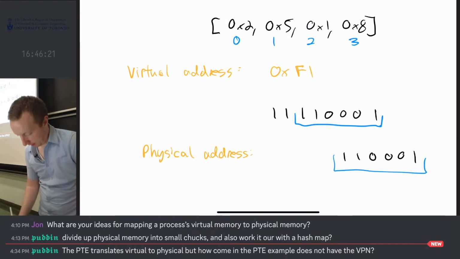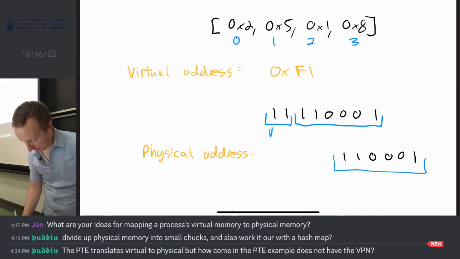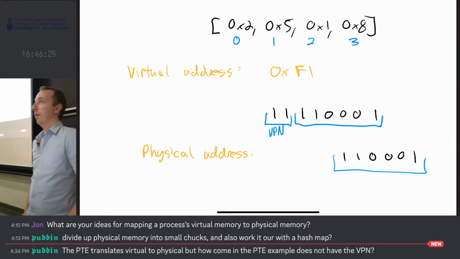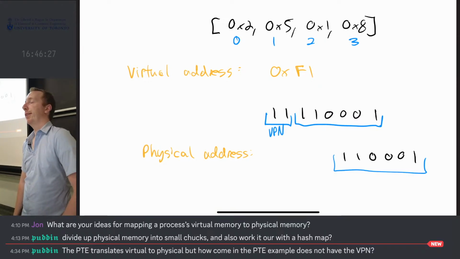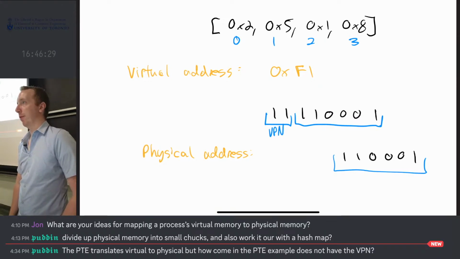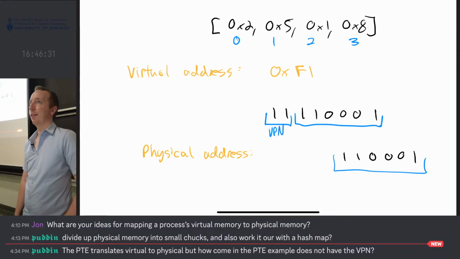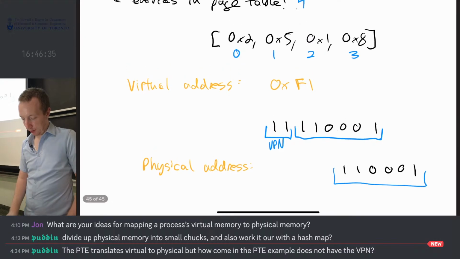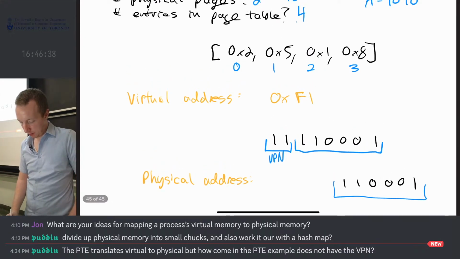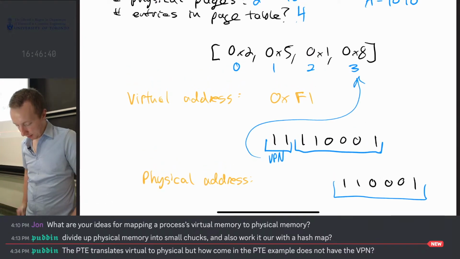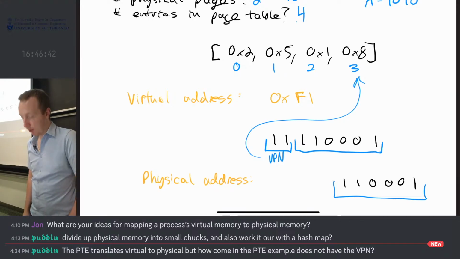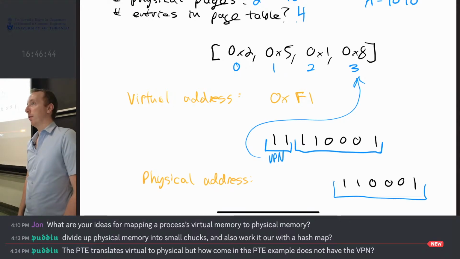So that would mean that this is my virtual page number. So what is 1, 1 in normal decimal? 3, right? 1, 1 is just 3. So I would go to my page table, look up what I need to translate this virtual page number to. So it is 8, right?